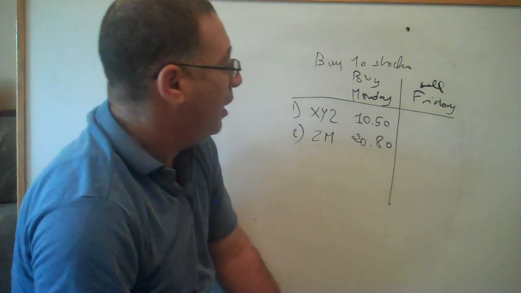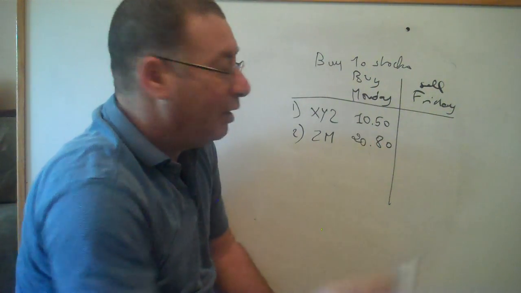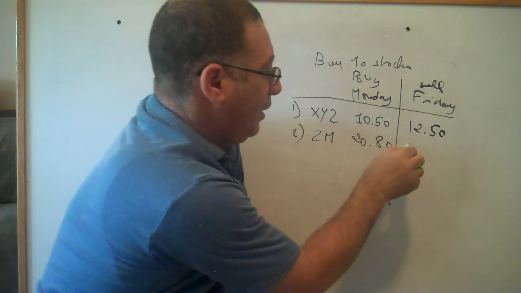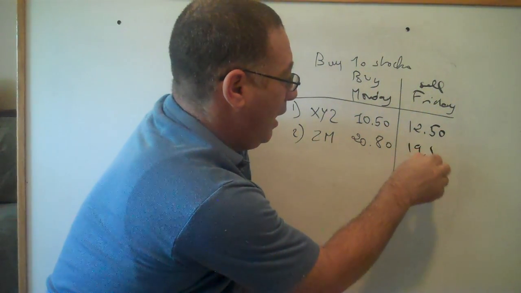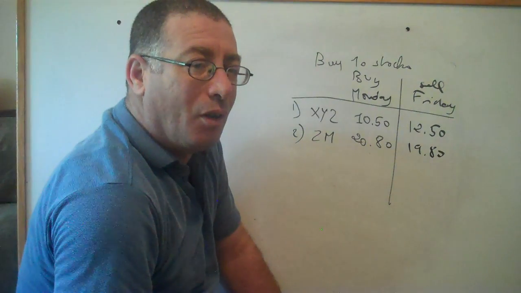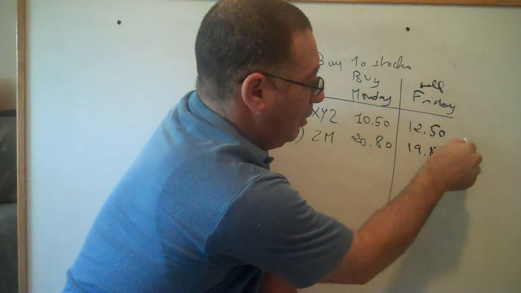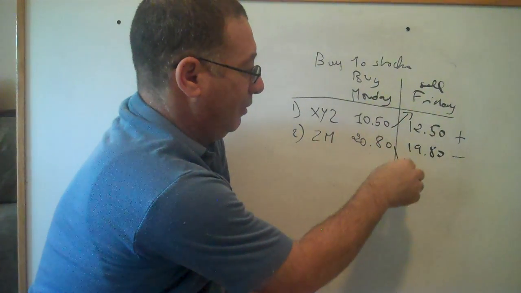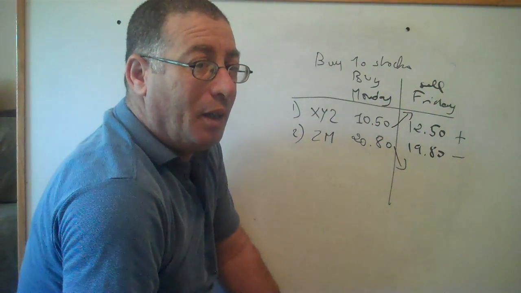Just an example. Suppose that this 10 goes to 12.50 and this goes to 19.80. Okay? This is going up, this is going down.